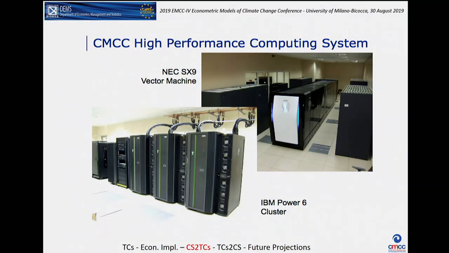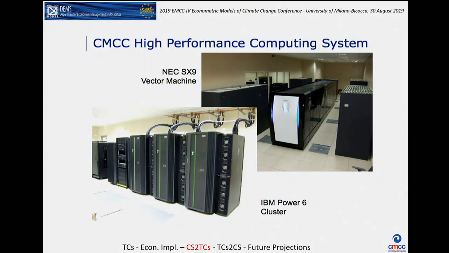As I said before, a huge amount of computational power is necessary to run this kind of experiment. This is our previous computing system at CMCC, because we changed it 1 month ago. Climate sciences are the most expensive sciences in terms of computational power.